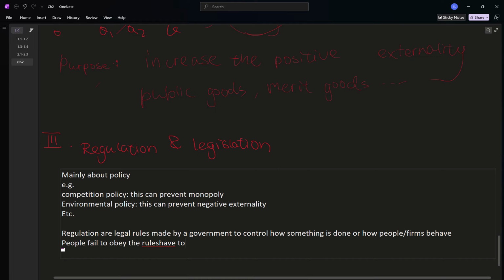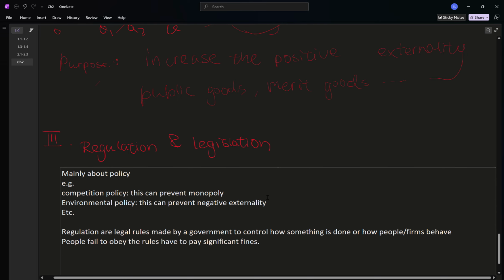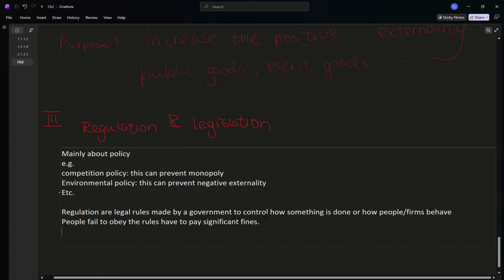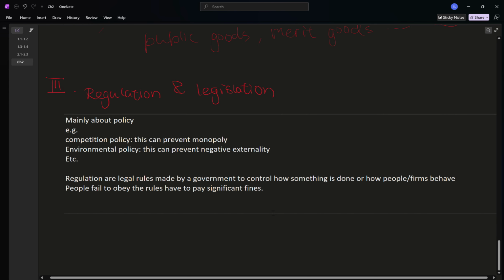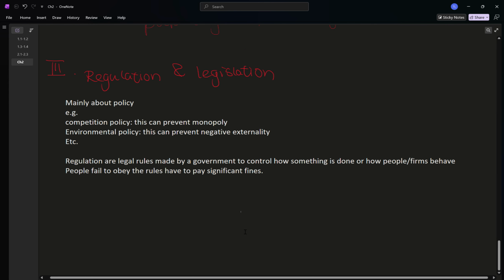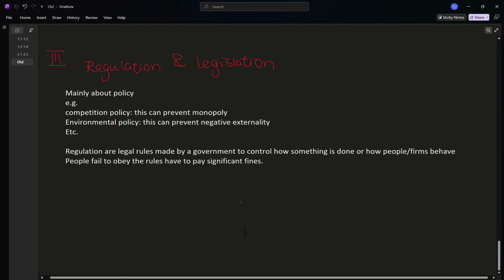People who fail to obey the rules have to pay significant fines. You can tell that this kind of thing has to be enforced by military or police. This is the importance of police, but that is not included in the course.